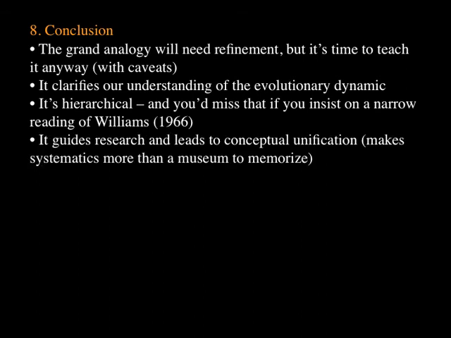I also think that by taking this view, it guides research and it leads to a kind of conceptual unification that really makes the study of biological diversity a more interesting topic. It's not just a topic that's for moldy old museum types who want to memorize innumerable species names. The study of diversity itself is something that could be studied from a process-oriented point of view.